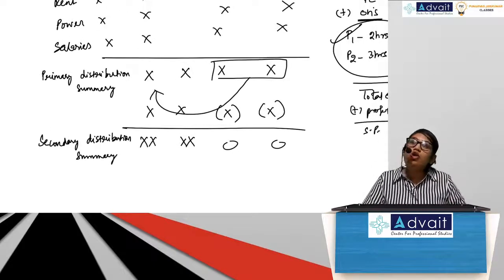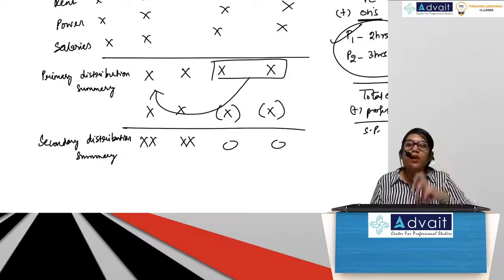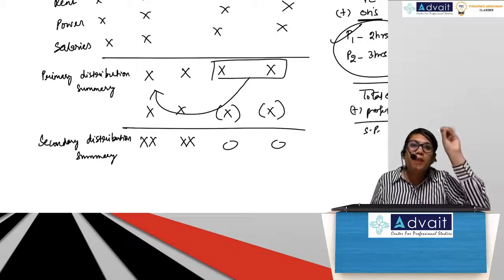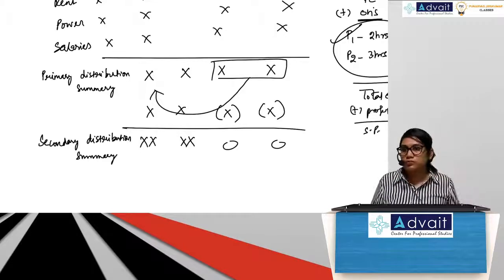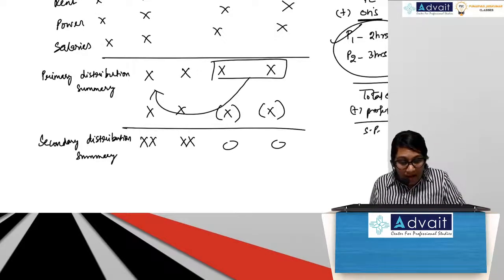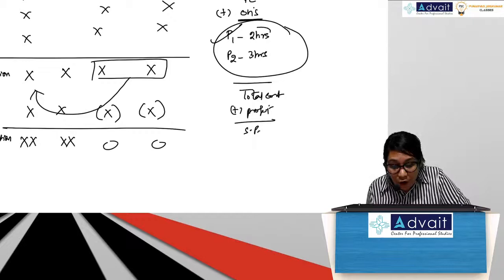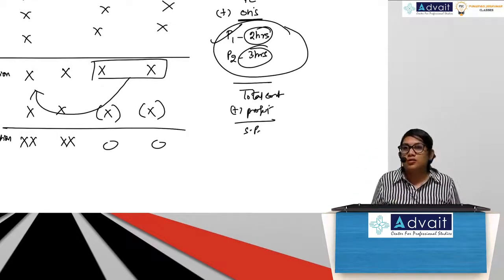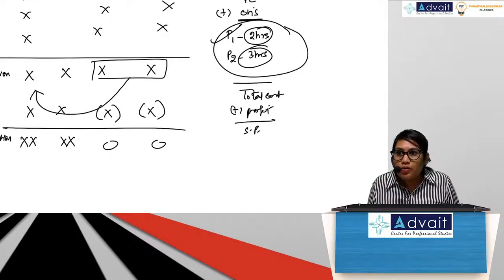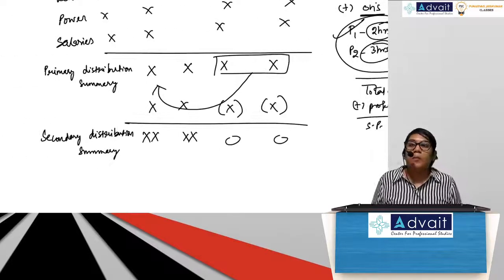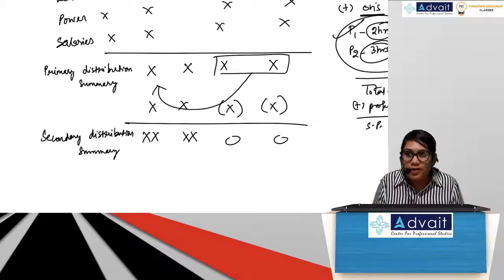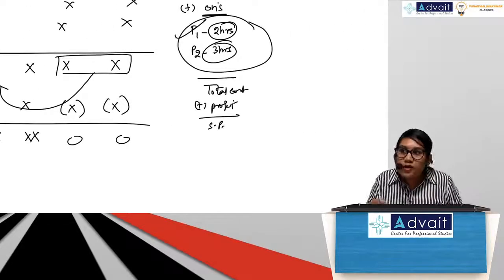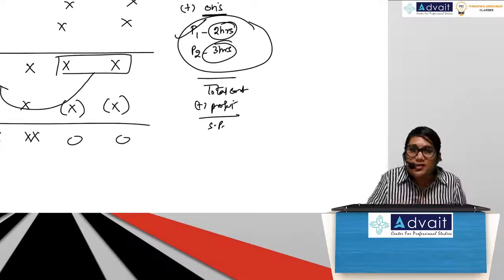So I have accumulated my overheads for P1. I have accumulated my overheads for P2. Correct? Now what am I supposed to do? I have my total overheads for P1 and P2. But I want for 2 hours how much is it? And I want for 3 hours how much is it? So if I get my overheads per hour, then can I not easily calculate for 2 hours how much will it be and for 3 hours how much will it be?